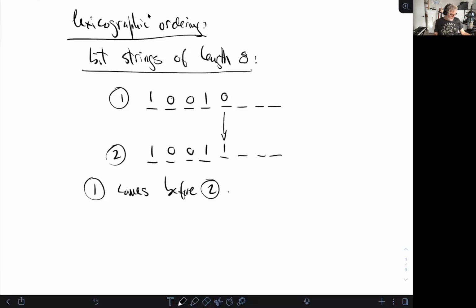Okay. Let's take a look at 2.2, page 136.